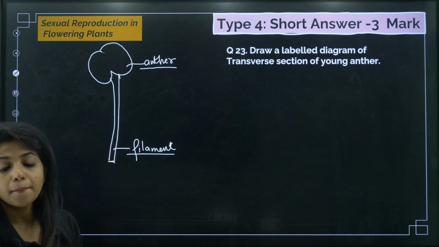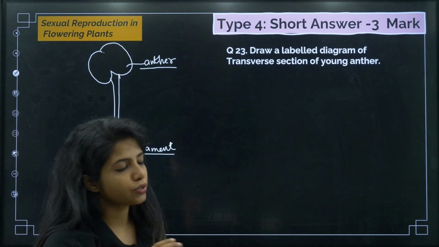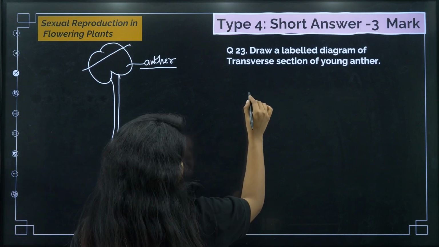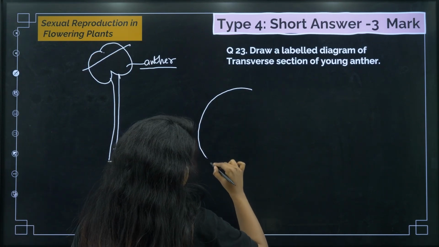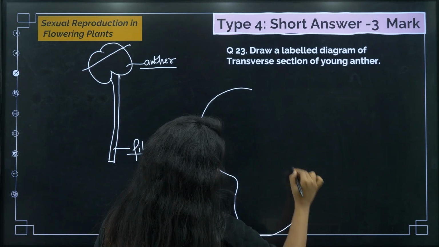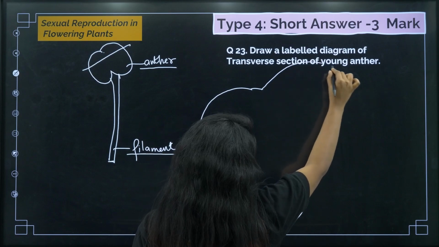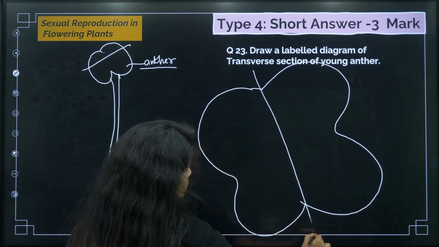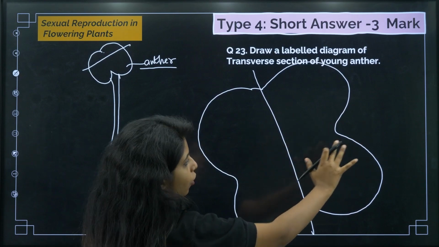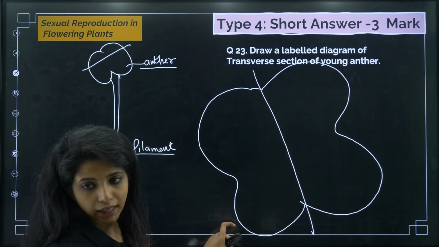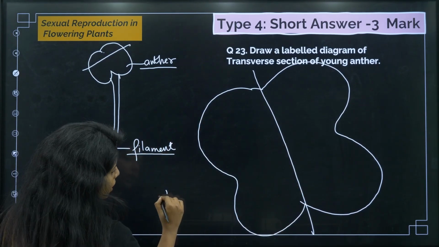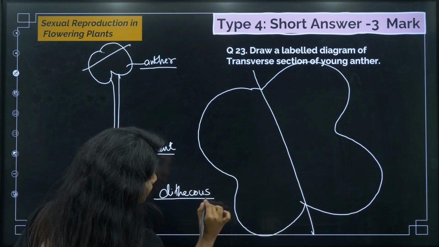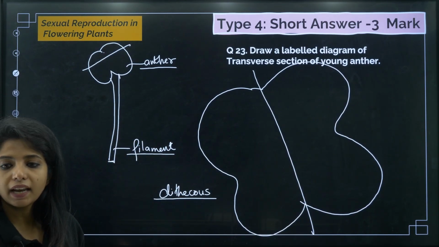It has 2 lobes. So if I cut the anther like this, I can see something like this. This is one lobe. This is another lobe. This is one theca. This is another theca. So I say that each lobe is dithecous.